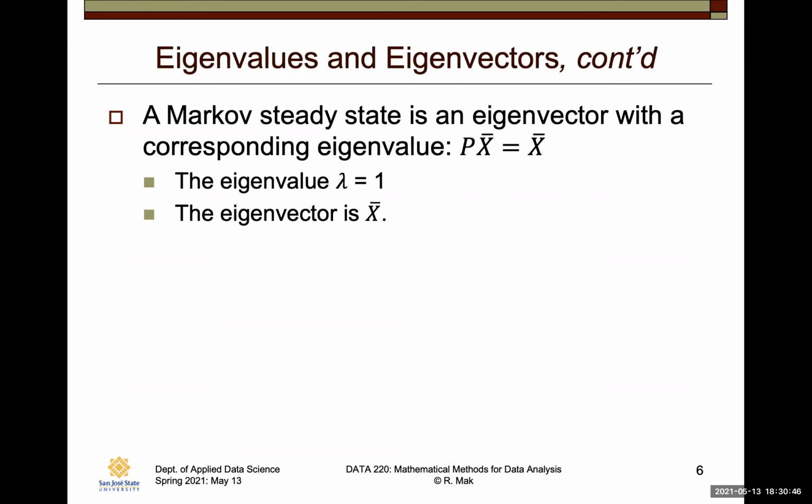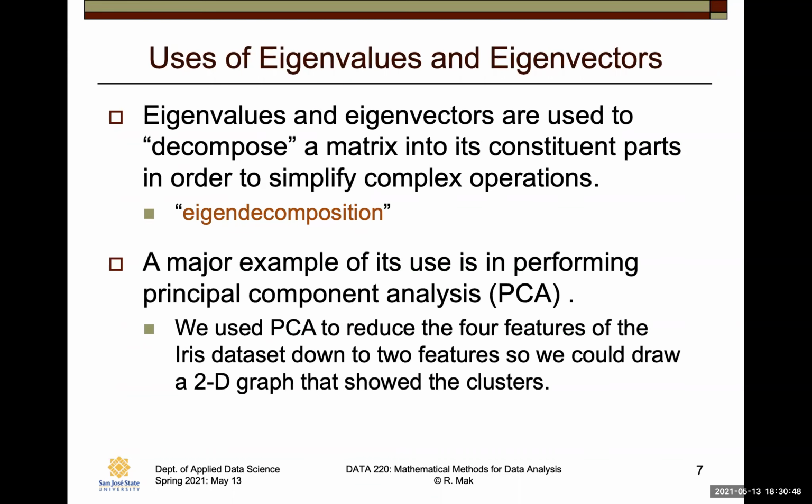All right. Now you're probably wondering, very interesting, but why bother? Well, eigenvalues and eigenvectors are used to decompose a matrix into its constituent parts in order to simplify complex operations.